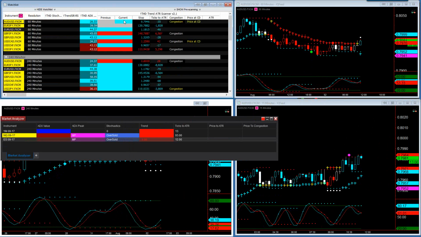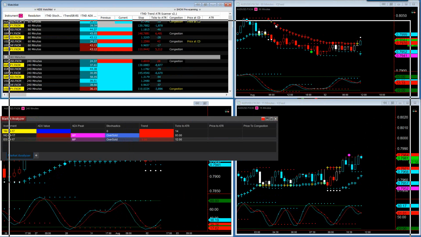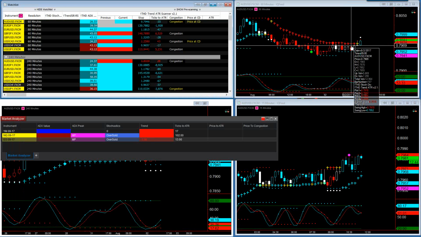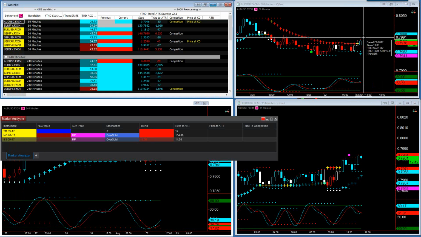We can set alerts off of it. You know, in Nadex, there's no alerts. In Nadex, I can't set an alert to say, hey, I want to know when the Aussie dollar is at 80.10, okay? But my indicators can actually do it over here.